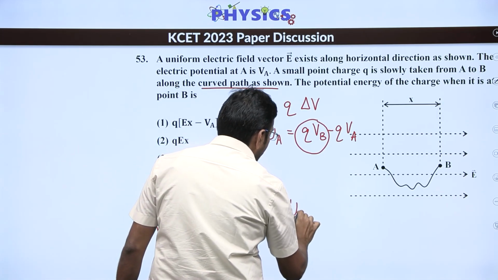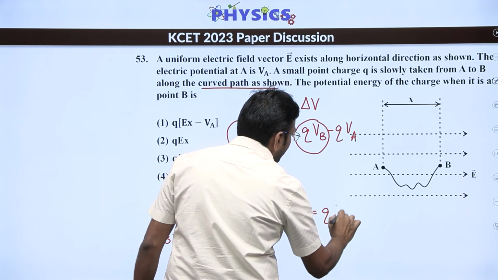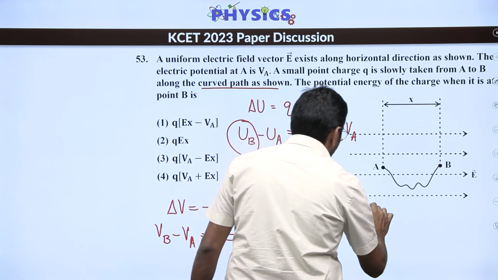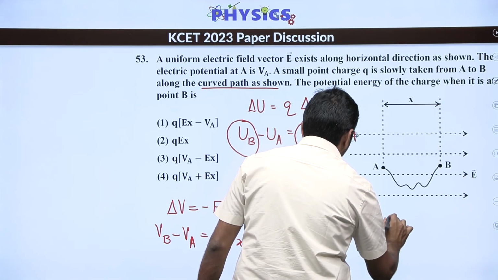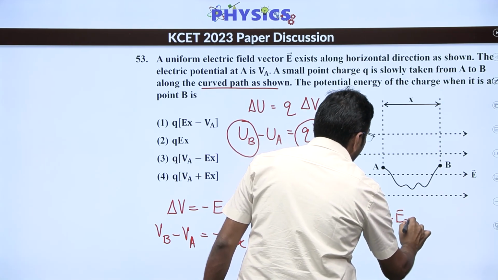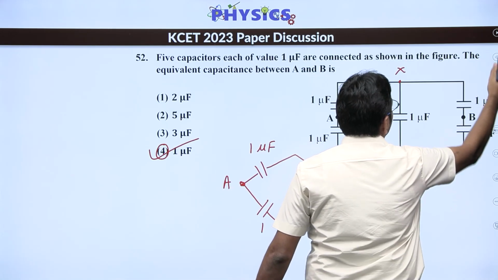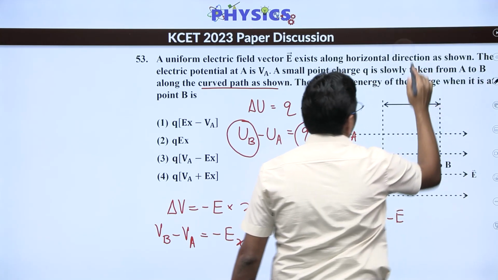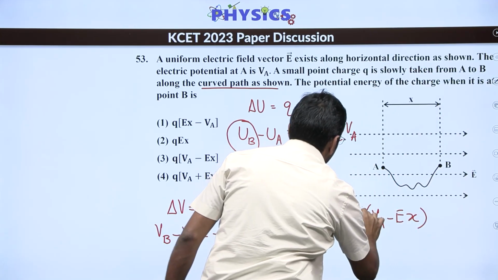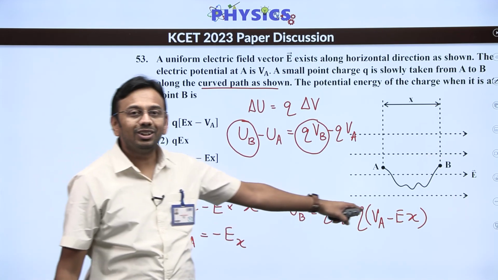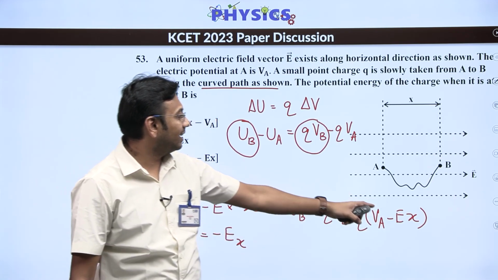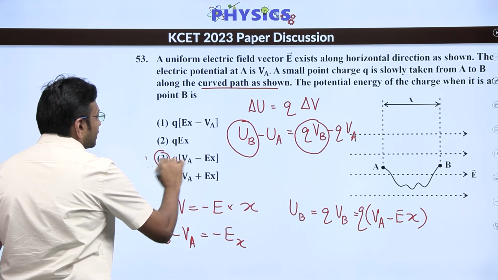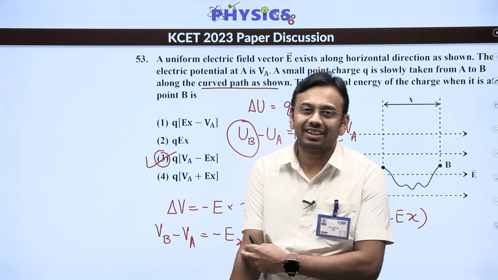So, UB is equal to QVB, which is equal to Q into the VB value from here, which is VA minus E into X, and there was this charge multiplied here. So, Q into VA minus E into X. Which of the options is matching? This third option is matching, and therefore, that is our correct answer.